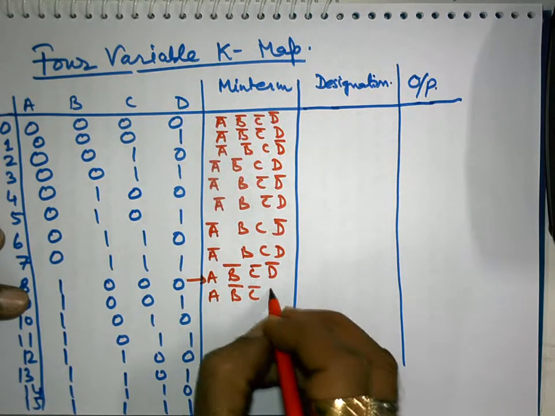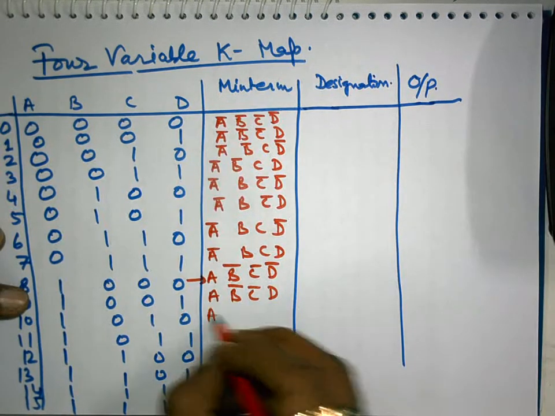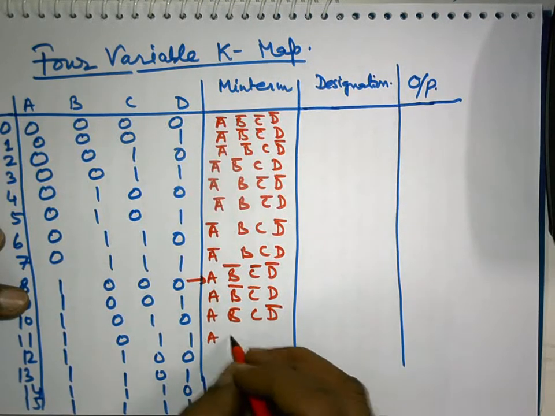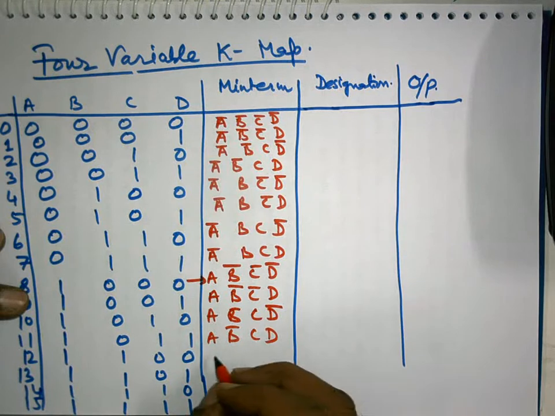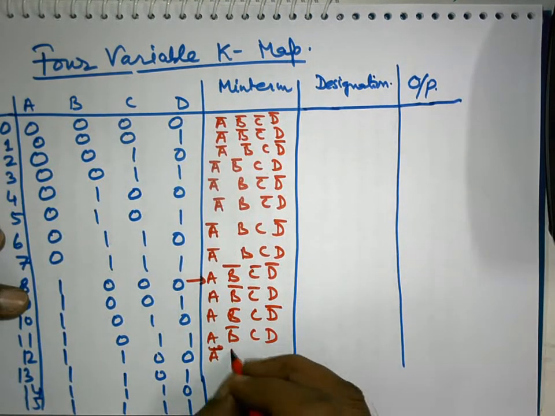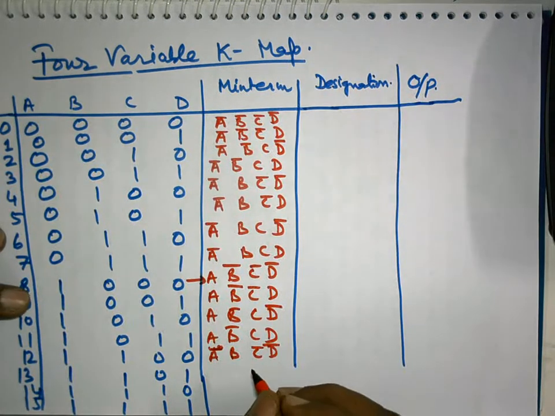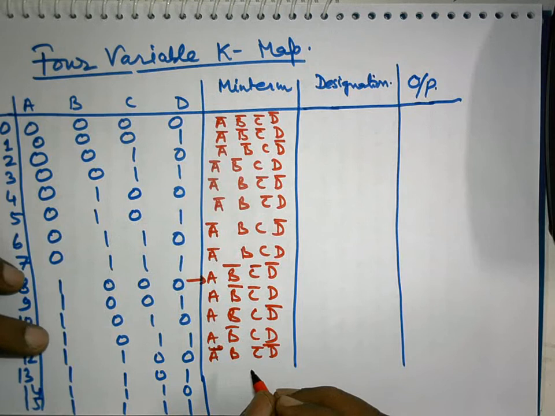Then A B bar C bar D, A B bar C D bar, A B bar C D, A B C bar D bar. You please indicate if somewhere I make a mistake.